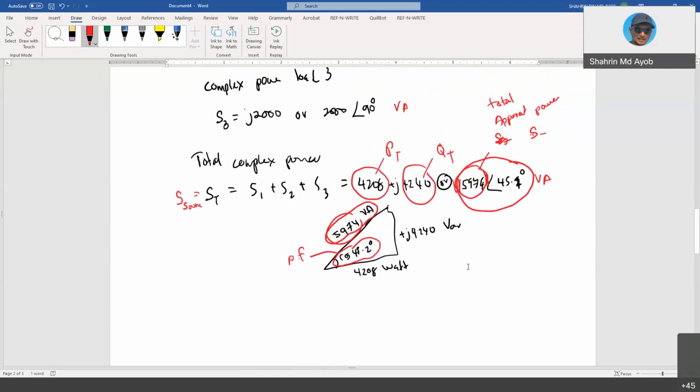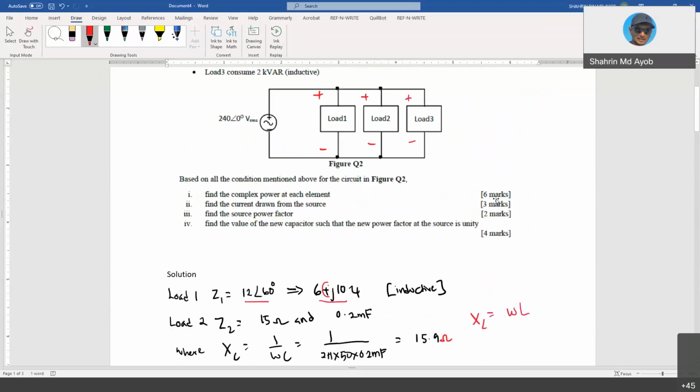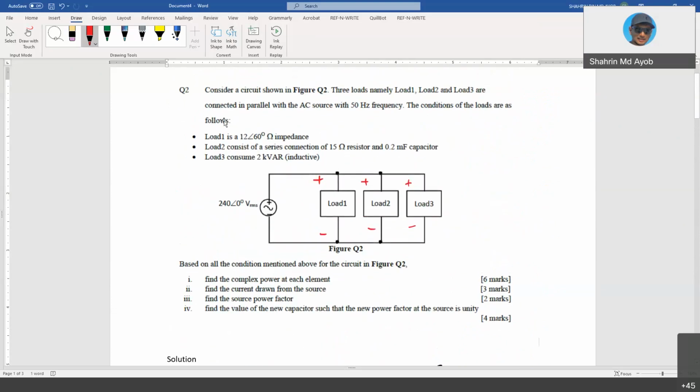Now, are there any questions? For the first one, it's straightforward. I hope you can understand the information given here and can extract the information. Always know that your S starts with VRMS multiplied with IRMS conjugate.